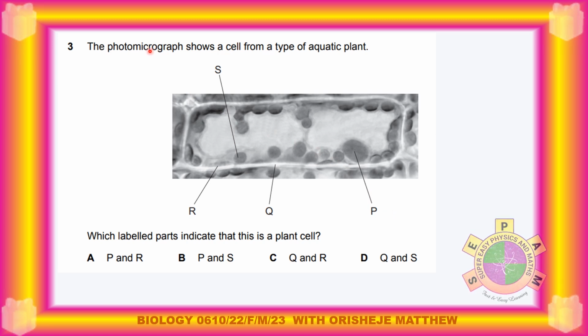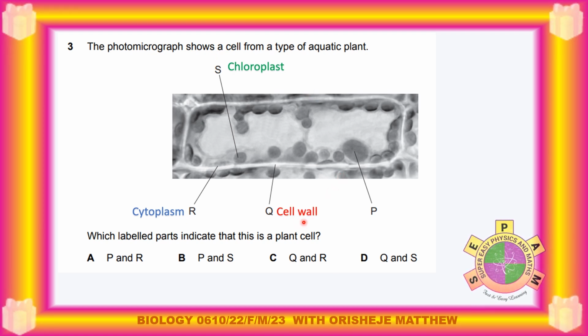Now, the photomicrograph shows a cell from a type of aquatic plant. So let's label the parts shown. So you have the cytoplasm R, then you have the chloroplast, the green pigment that attracts light to enable plant to photosynthesize, and the chloroplast contains the chlorophyll.